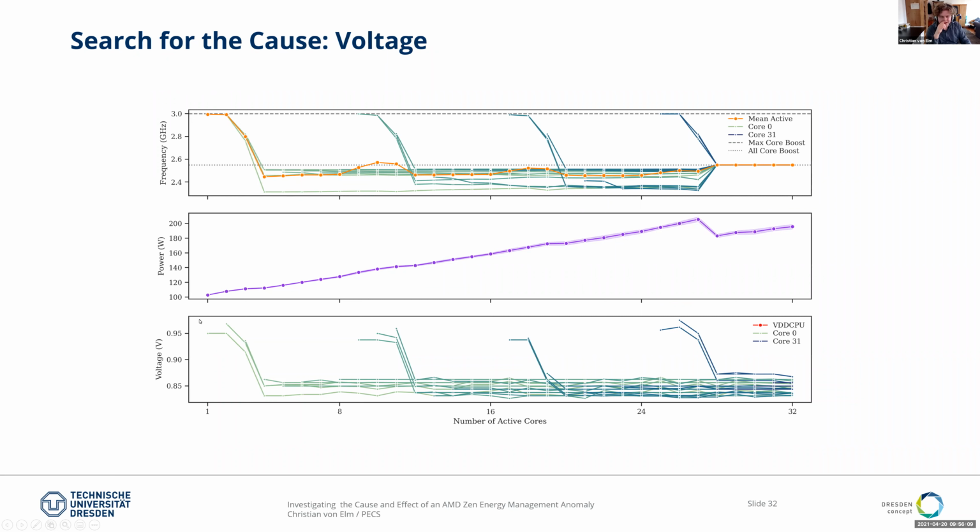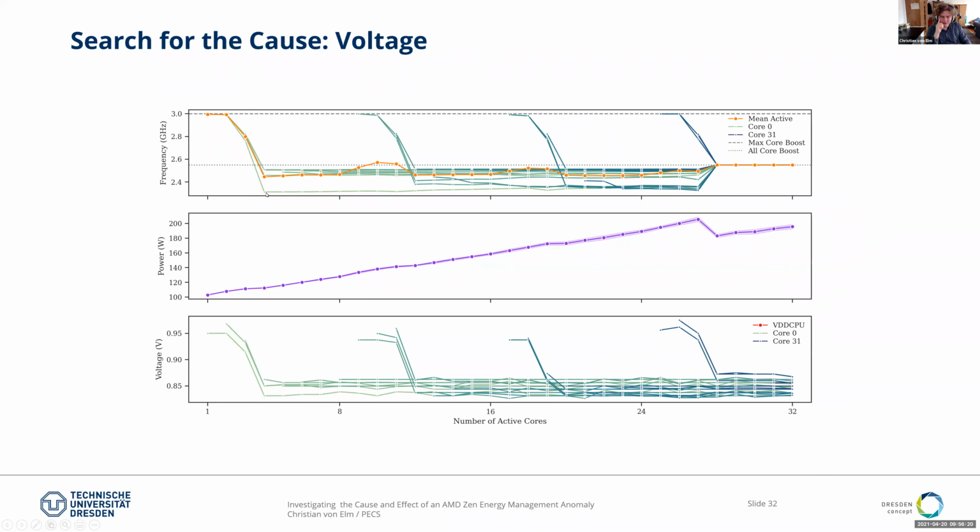As you can see, when the frequency of a core is high, the voltage of its core is high, and when the frequency of that core drops, the voltage also drops. So this is also what one would expect.